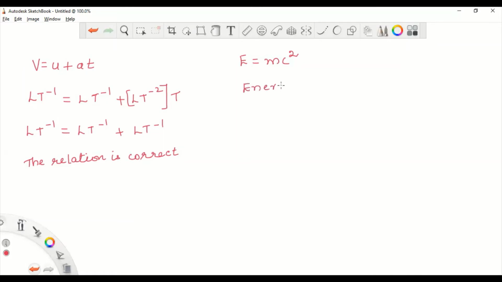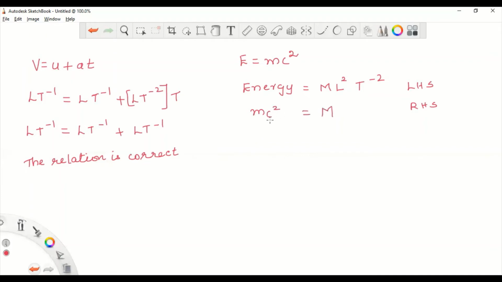Energy, the dimensional formula is M L power 2 T power minus 2. Similarly, for mc square. So, this is on the left hand side. So, let us write the dimensional formula of the quantity on the right side also. mc square, right? So, M.